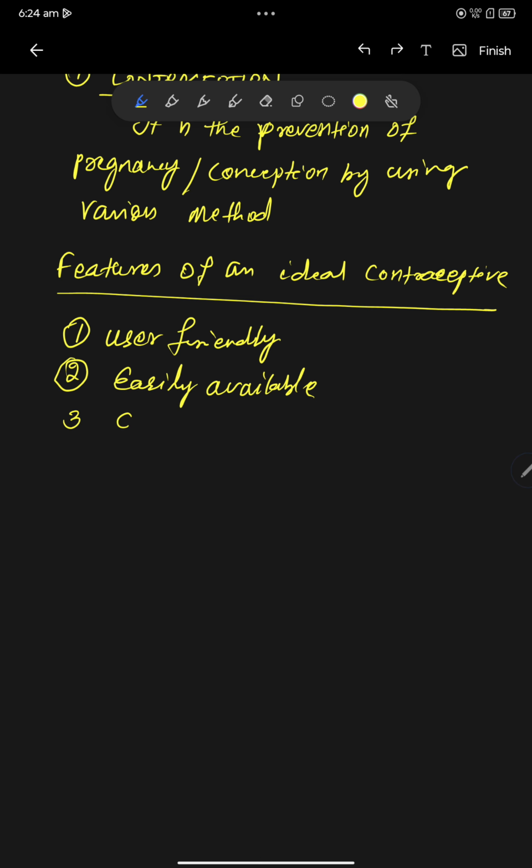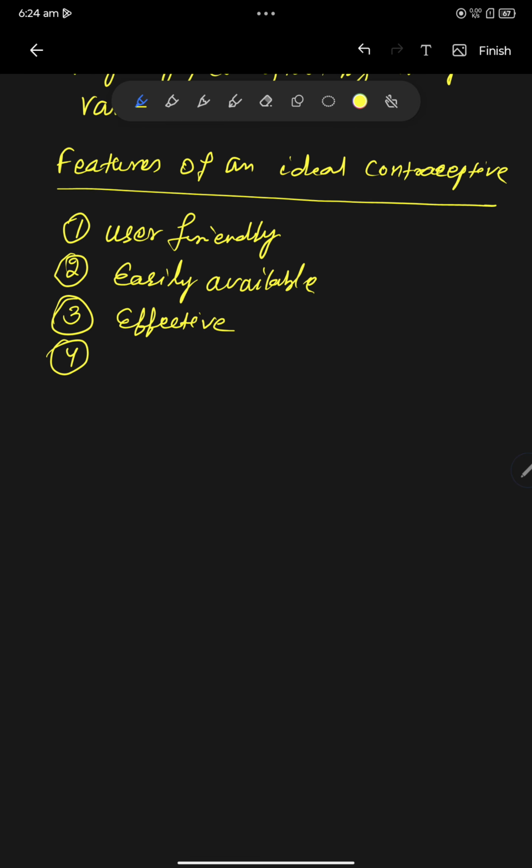Third, it should be effective. Fourth feature is it should be reversible. Fifth feature is that it has very little or no side effect.